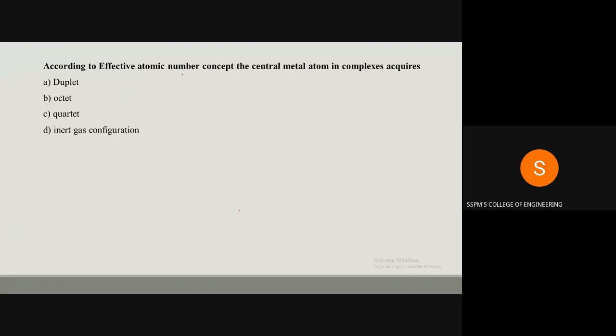Then, according to the effective atomic number concept, the central metal atom in a complex acquires inert gas configuration. You just saw that inert gas configuration means noble gases having the configuration 2, 8. Its valence shell is completed, fulfilled with 8 electrons. Its octet is complete. Hence, it does not react with any other elements and is stable.